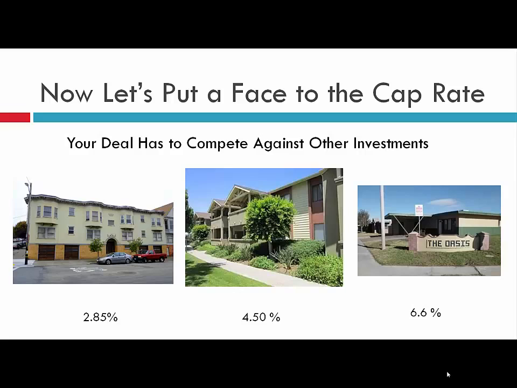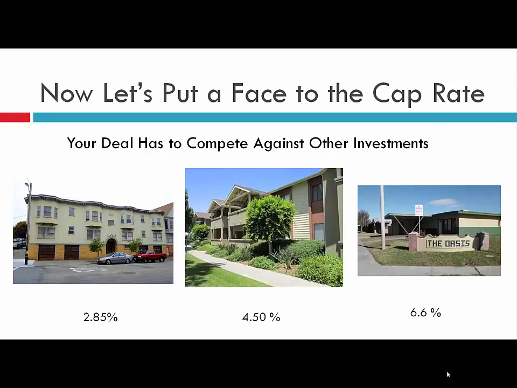Now, the property in the middle is a Class B property. Look at it. It's 1980s construction, pitched roof, separate entrances, individually metered, all the things I like to look for in a property. And these are all California properties. The cap rate on this particular property is 4.5%. So that number is going to compare against your blue chip bonds.